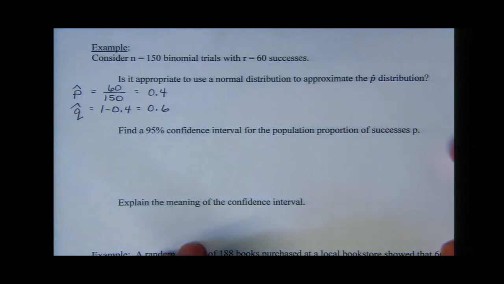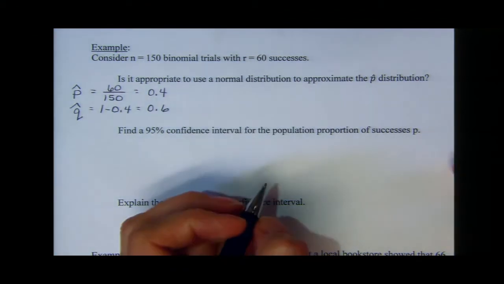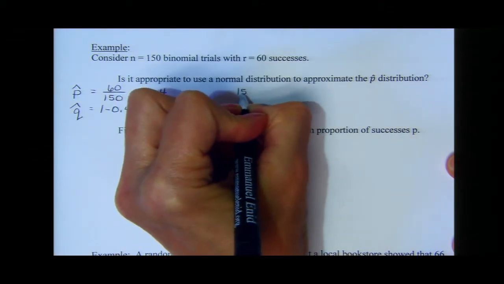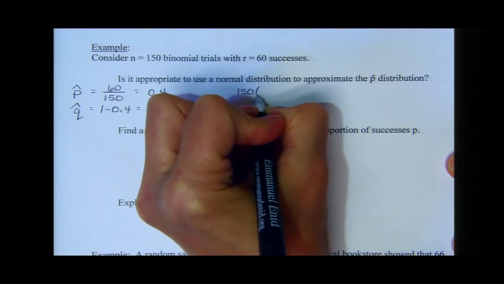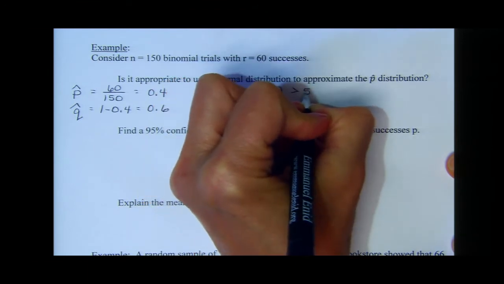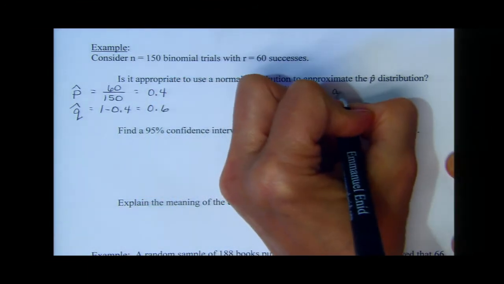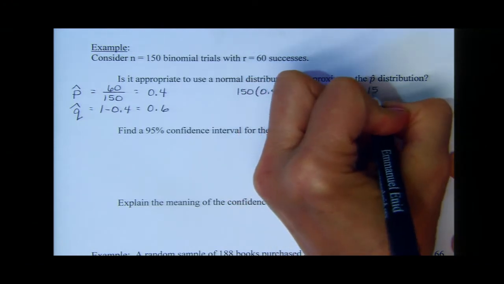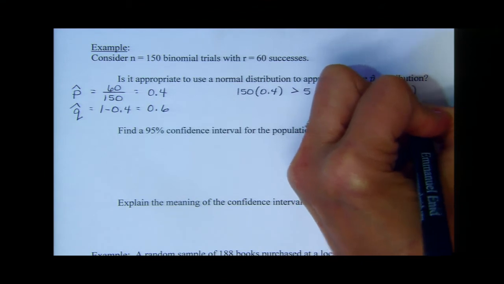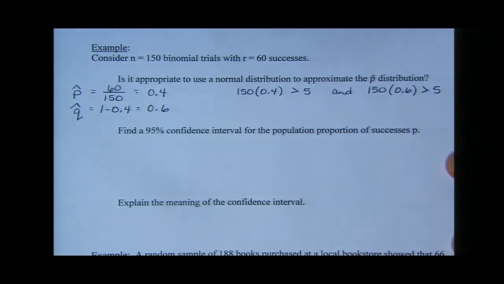So to show if it is appropriate or not, what I will do is take N, 150, times P hat, 0.4, and I need to find out if that is greater than 5, and N times Q hat must be greater than 5 as well.